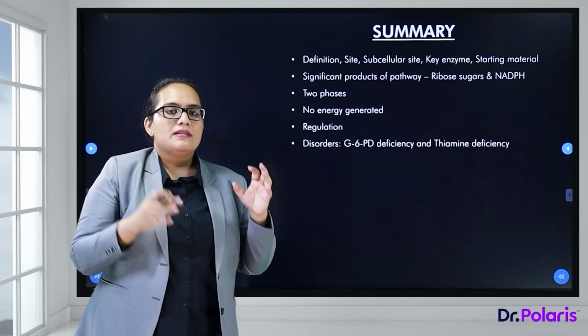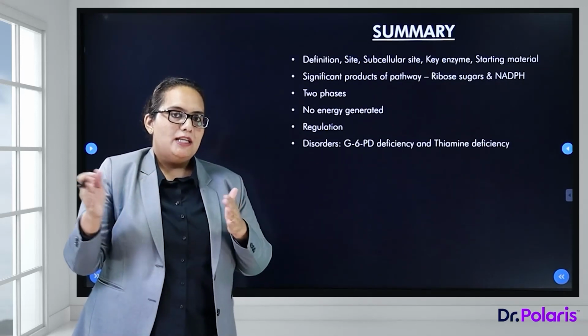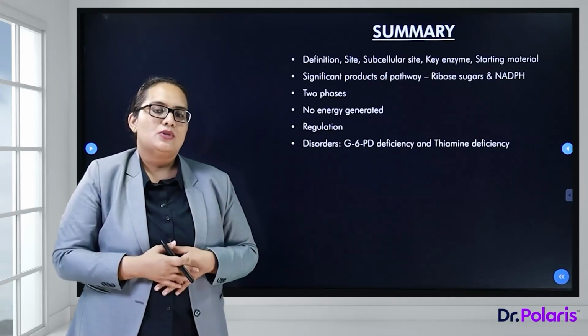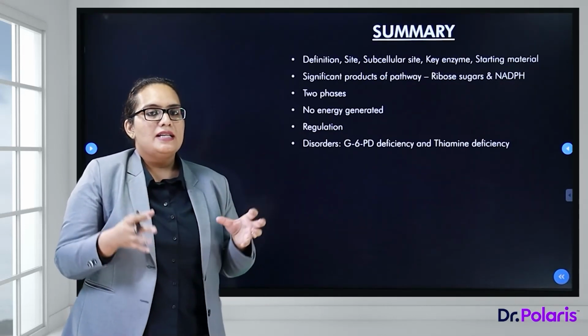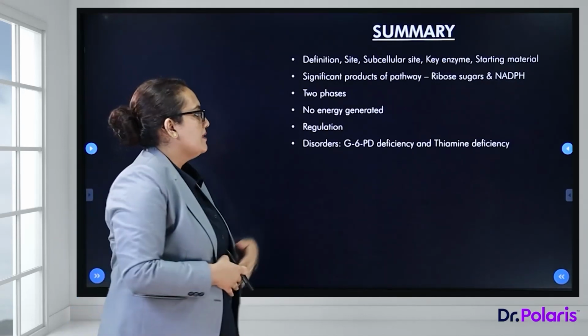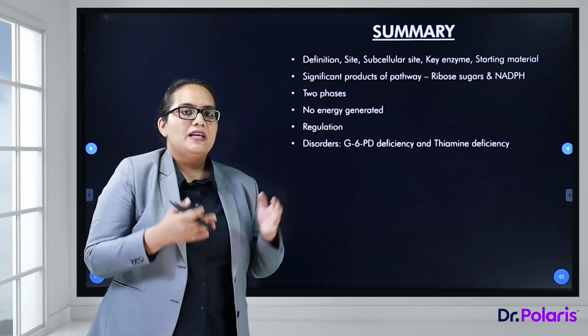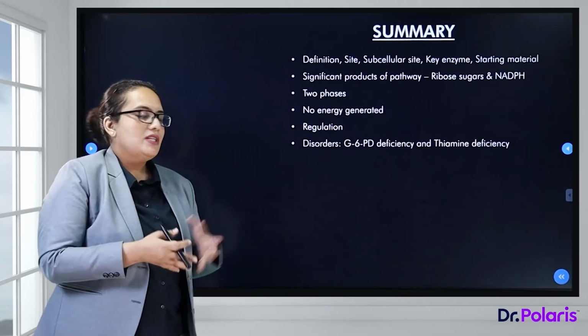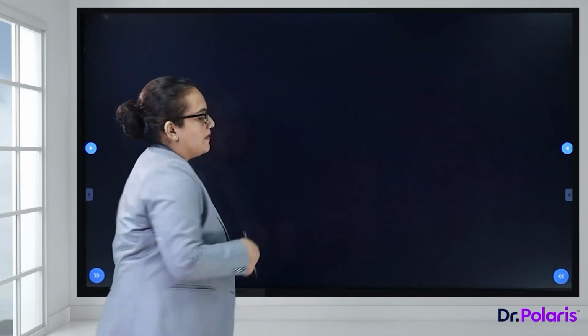These two enzymes are regulated by the NADPH to NADP ratio, as well as hormones such as insulin and glucagon. Whereas the non-oxidative phase mainly relies on the availability of substrates. And lastly, I spoke about the disorders. There are two disorders: G6PD deficiency and thiamine deficiency. So that's all for this session.